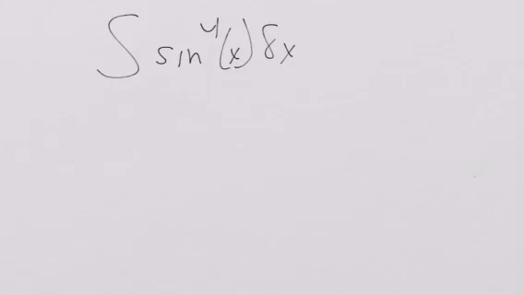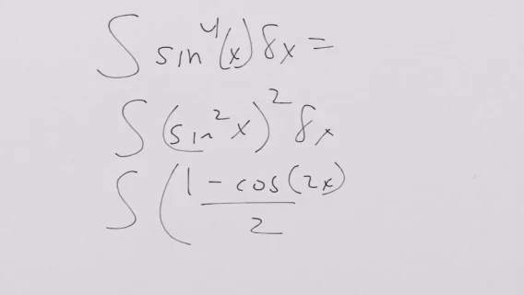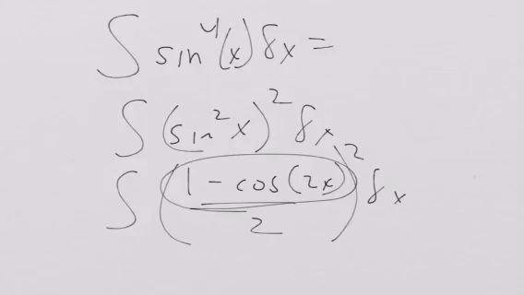So if we have something like this, what we really have is sine squared squared, where sine squared x, using that power reducing formula, is 1 minus cosine 2x over 2. From here we really need to expand out this 1 minus cosine 2x squared, because we're going to end up with another product, and ideally we'd not like to have to integrate a product of two trig functions.